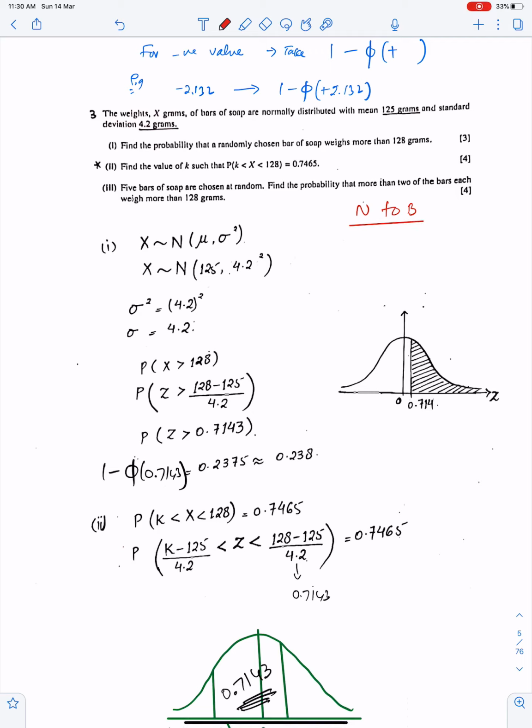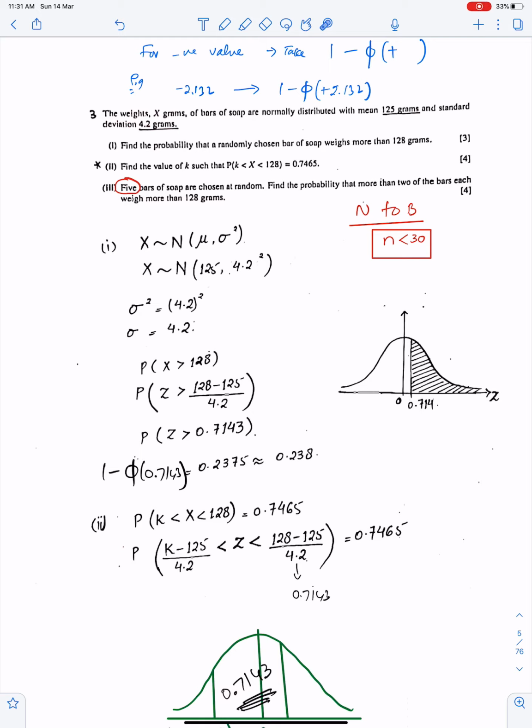You can understand this concept through n. We use this concept when n is less than 30 in the normal distribution question. This is the hint.